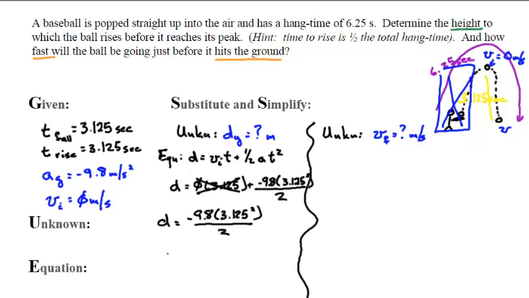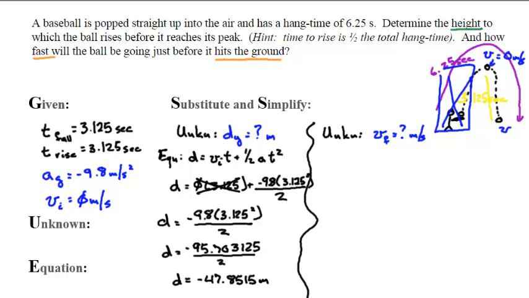If I simplify the top, I get negative 95.703125 divided by 2, and I get a distance equals negative 47.8515 meters.